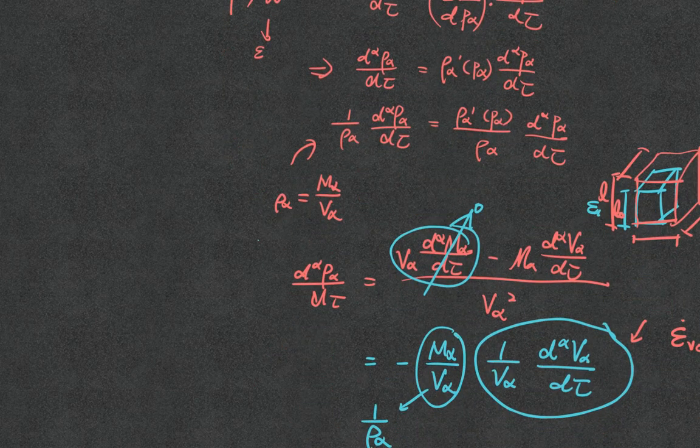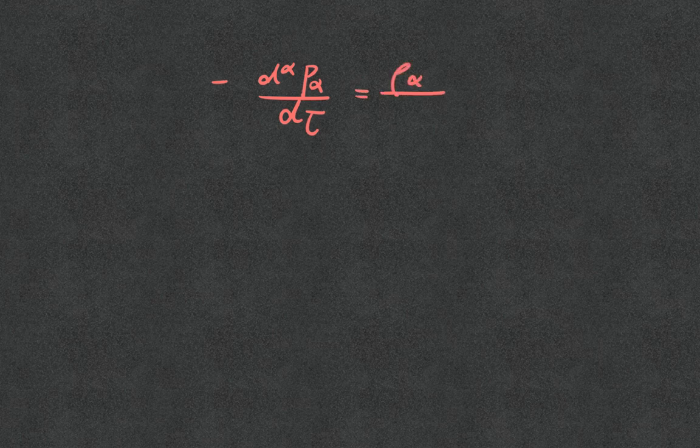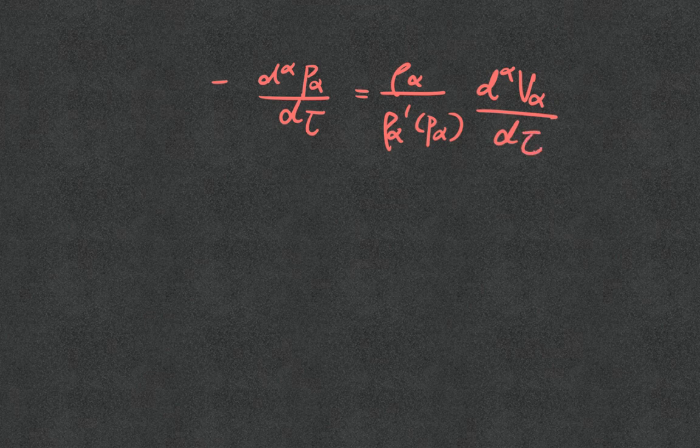Yeah, and then we will have the partial derivative of P alpha with respect to time, times rho alpha prime, equals P alpha times the derivative of the volume of the alpha phase over time.